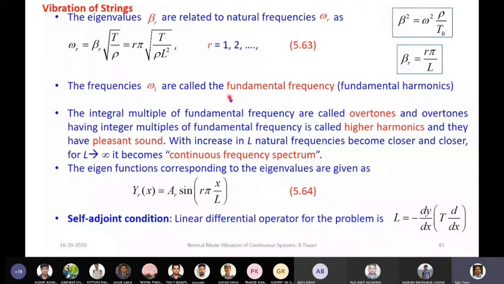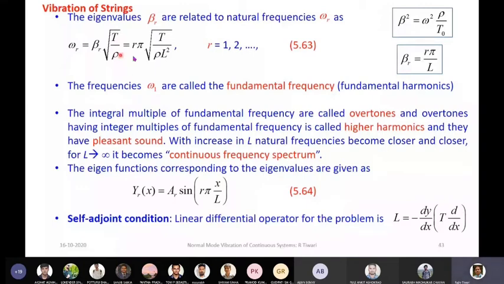Here, in this particular boundary condition of this string, what we observe is that for R equal to 2, 3, 4, that means the first, second, third, fourth natural frequencies are integer multiples of the fundamental natural frequency. So omega 2 is twice of omega 1. Omega 3 is thrice of omega 1 because R is appearing here.